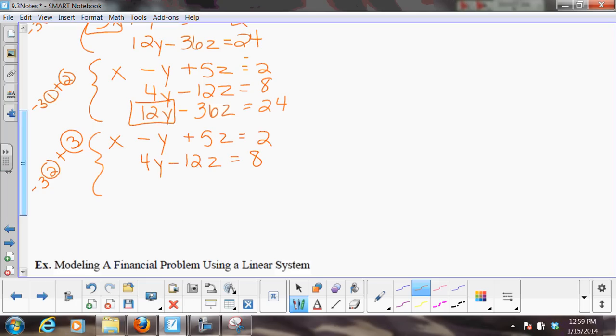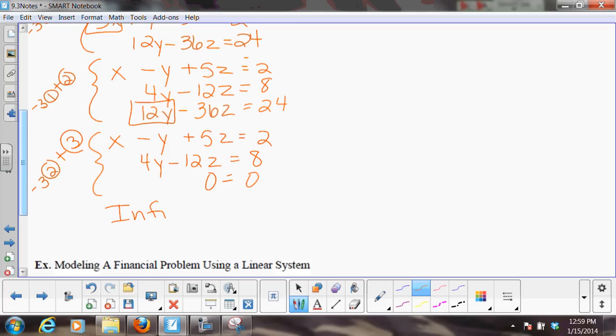Negative 3 times 4 is negative 12, so the 12y is gone. That's a 0. Negative 3 times negative 12 is positive 36 plus negative 36 is 0. So that's a 0. And then negative 3 times 8 is negative 24 plus 24 is 0.